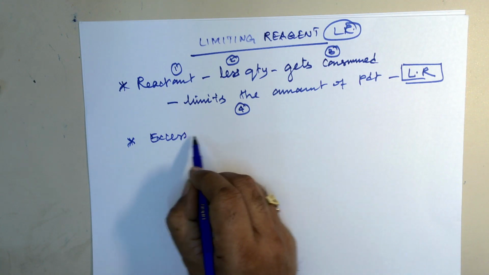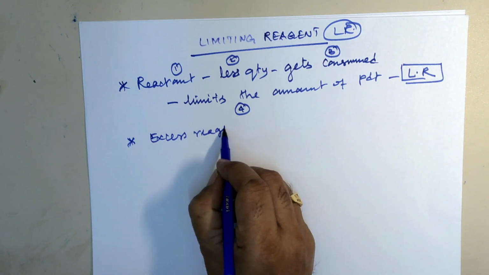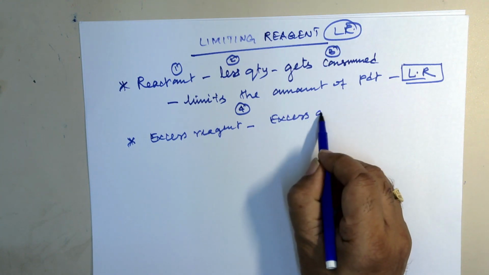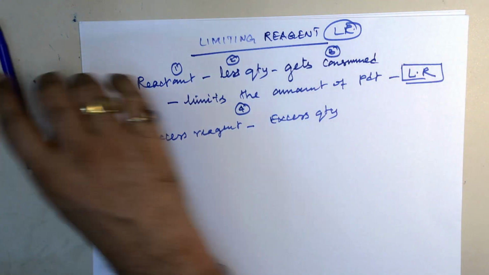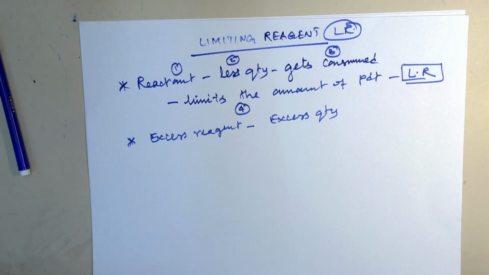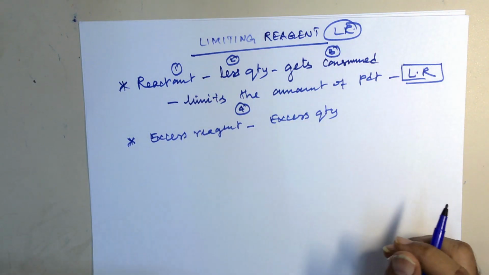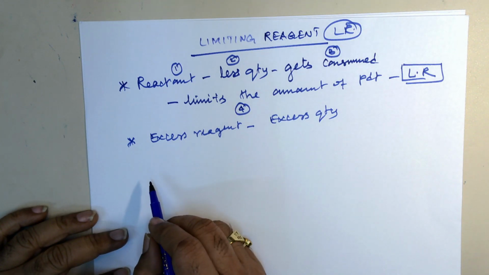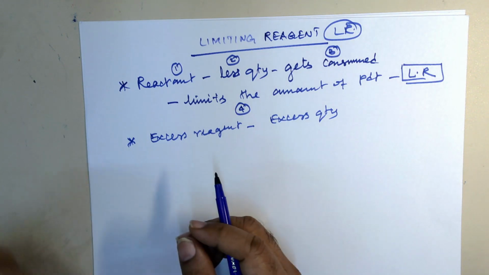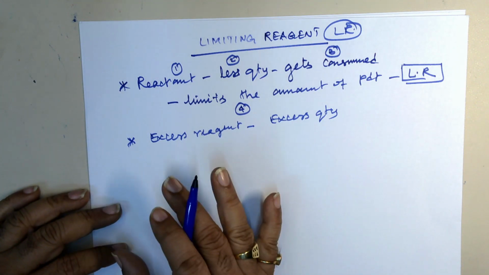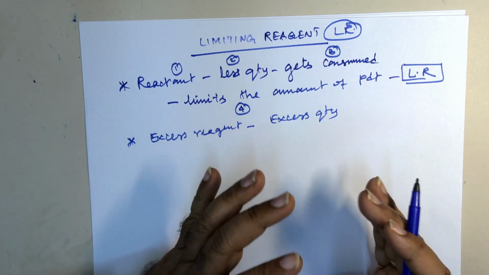So that can be called the excess reagent, the reactant in excess quantity apart from the limiting reagent. Usually the remaining amount of excess reagent can be calculated by subtracting the amount of limiting reagent consumed from the amount of excess reagent.